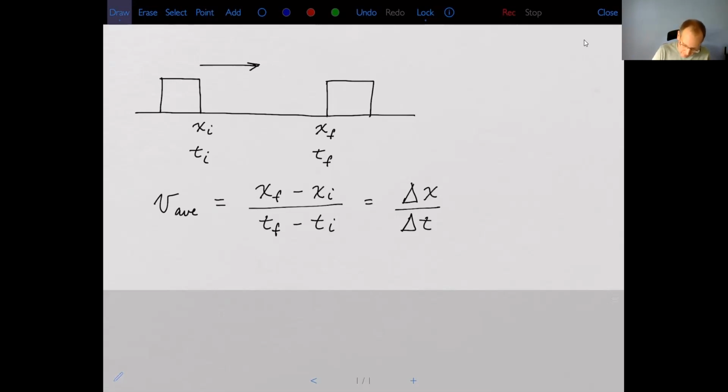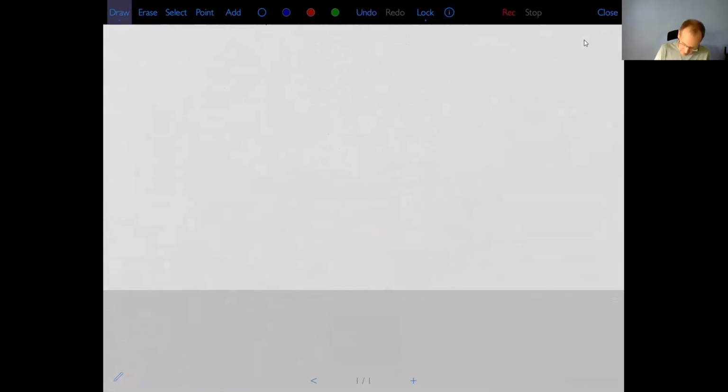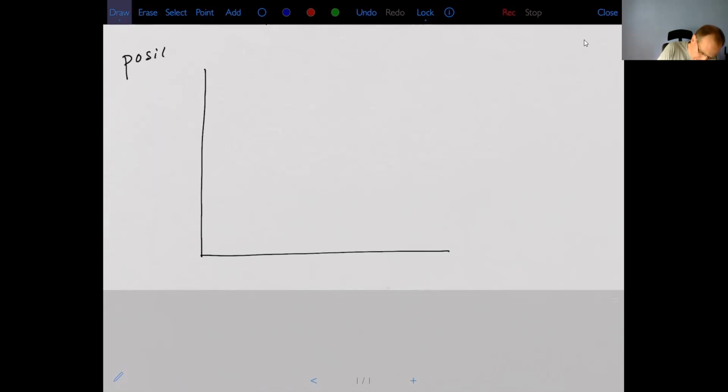Let's say I have position, in centimeters, on the y-axis and time in seconds on the x-axis. And let's assume that the position versus time graph happens to be linear. Okay, so it's like this.